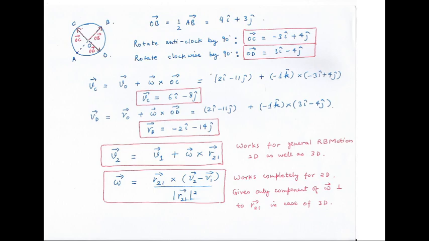If I have 10 points on the rigid body, I look at point number 10 relative to 5, I look at point number 7 relative to 3, and so on. And the other way as well.